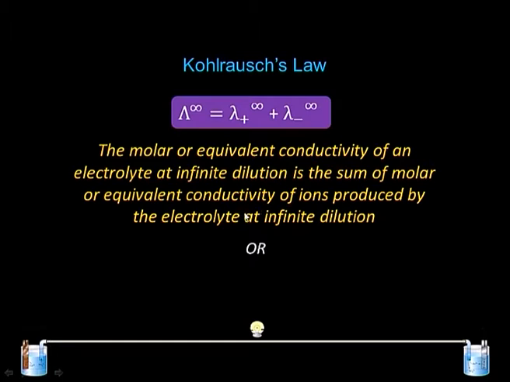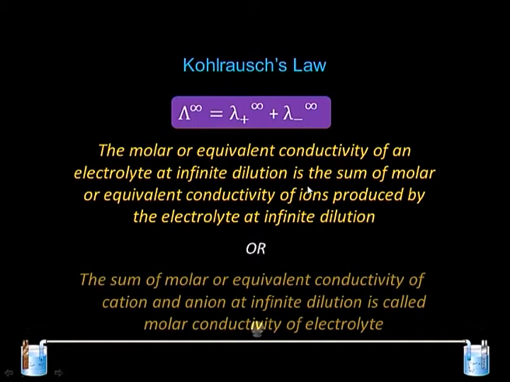It can be stated as: the molar or equivalent conductance of an electrolyte at infinite dilution is the sum of the molar or equivalent conductance of the ions produced by the electrolyte at infinite dilution. Or in other words, the sum of the molar or equivalent conductivity of cation and anion at infinite dilution is called the molar conductivity of the electrolyte.